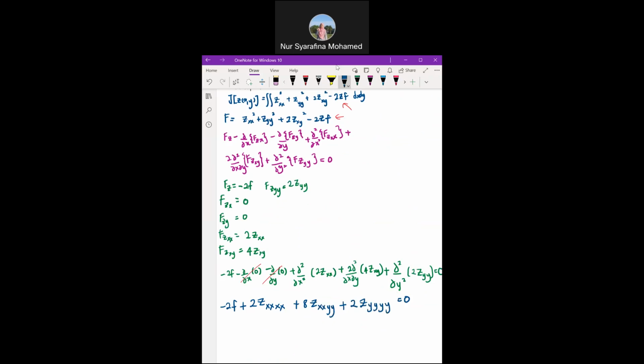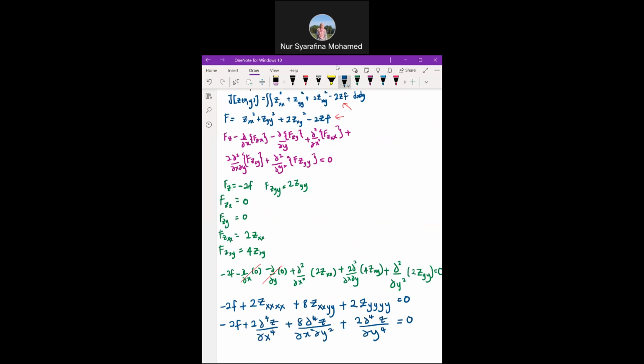In terms of differentials, we can write this as 2 del to the power of 4 z over del x to the power of 4 plus 8 del to the power of 4 z over del x squared del y squared plus 2 del to the power of 4 z over del y to the power of 4 equals 0.